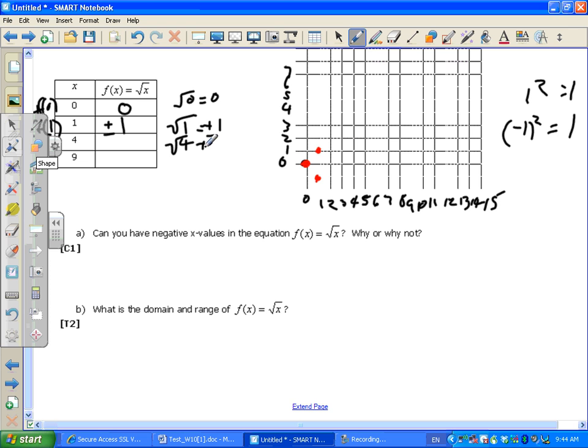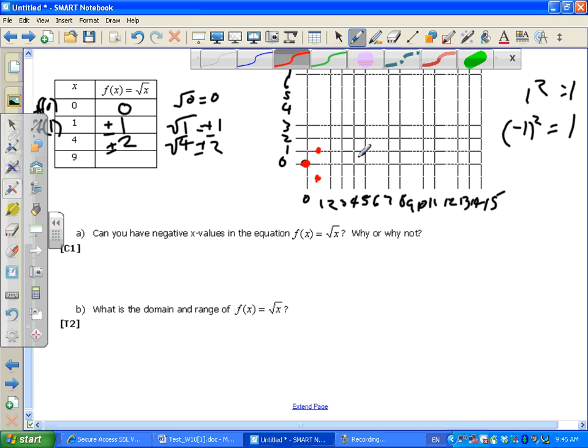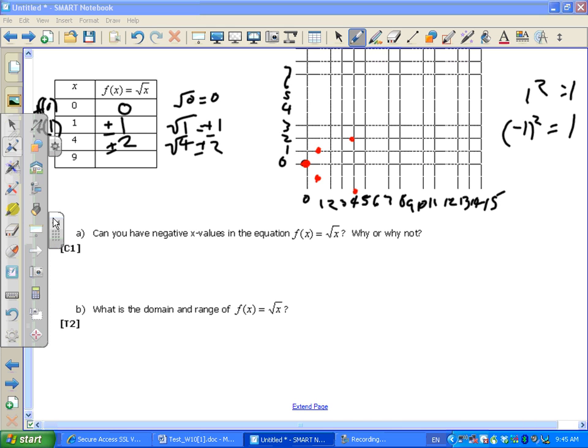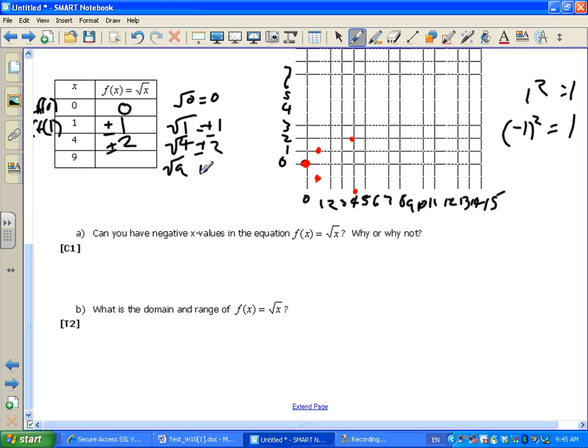Square root of 4 is plus or minus 2. So when x was 4, we have positive 2 as an answer, and negative 2 as an answer. And finally, with our 9, square root of 9 is plus or minus 3. So when we're at 9, we have the answer of positive 3, and negative 3 would be down here.